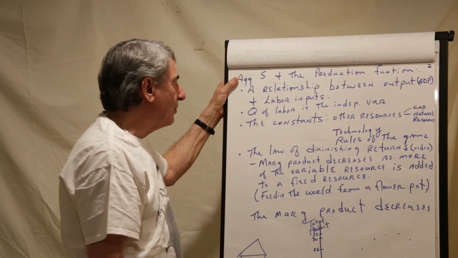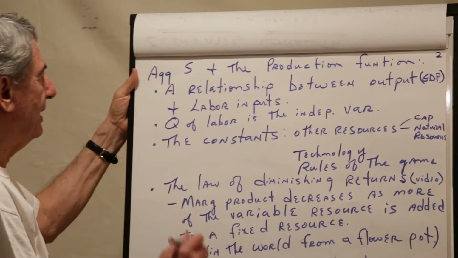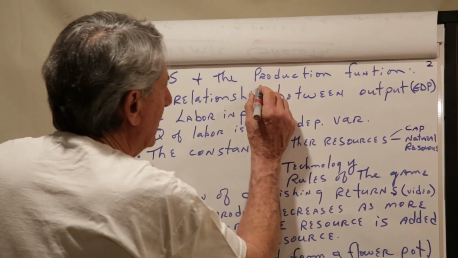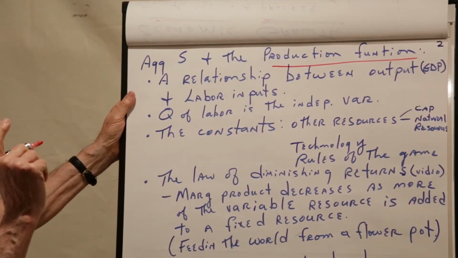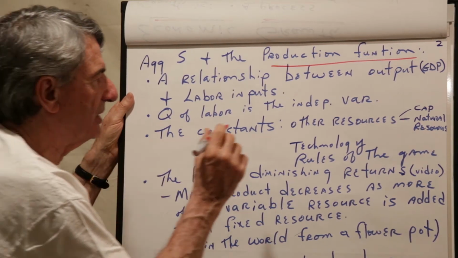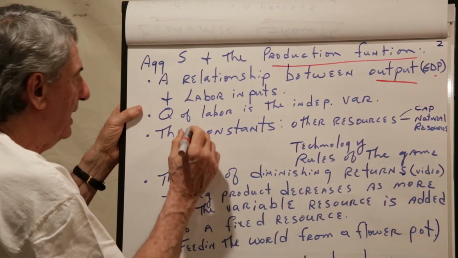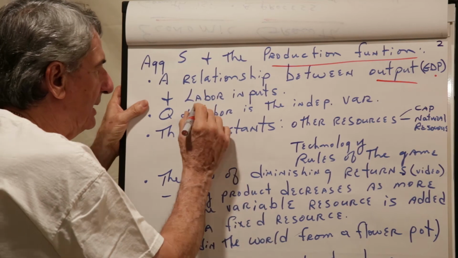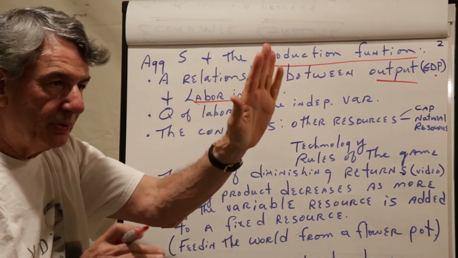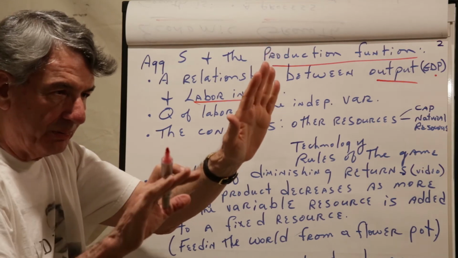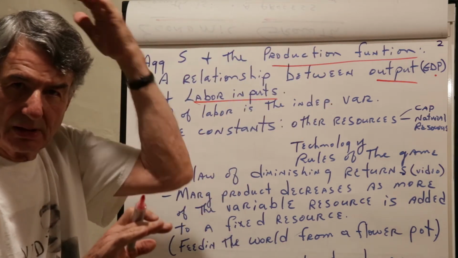In order to talk more about growth, I have to talk about the production function. The production function is a relationship between output, that's GDP, and the labor inputs. So it's a relationship between outputs and inputs. More inputs, more outputs.